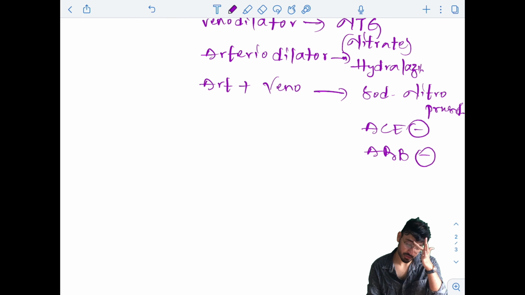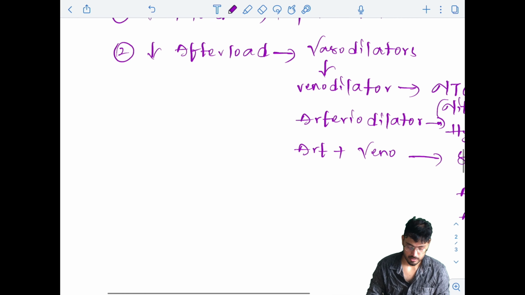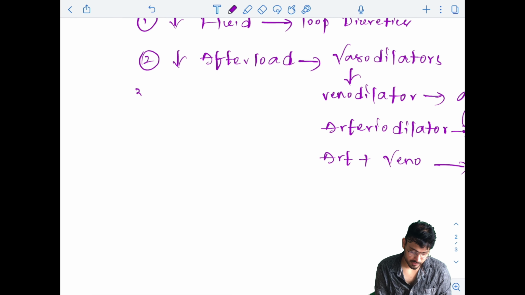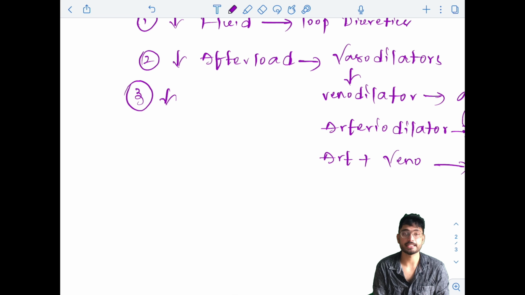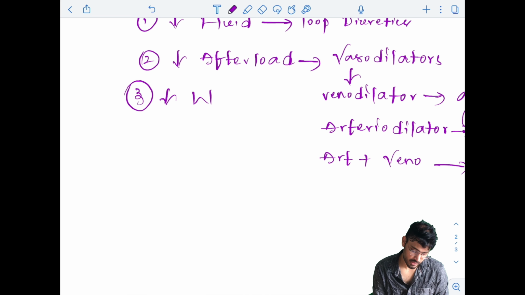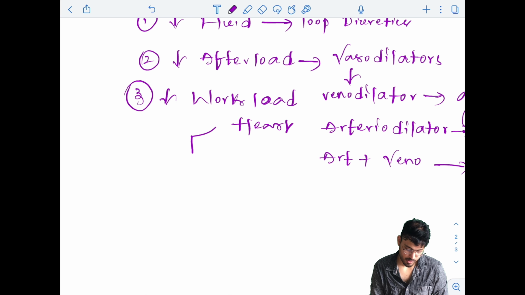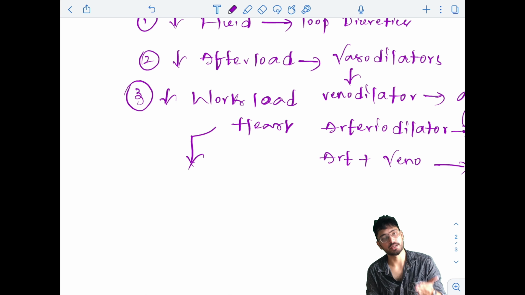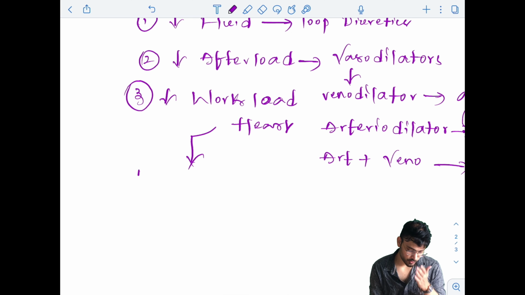And now we should decrease the workload of the heart. How? By decreasing the heart rate. How can we decrease the heart rate?